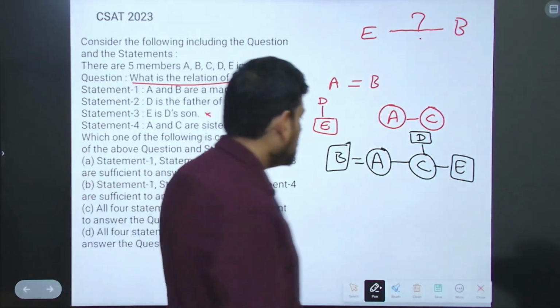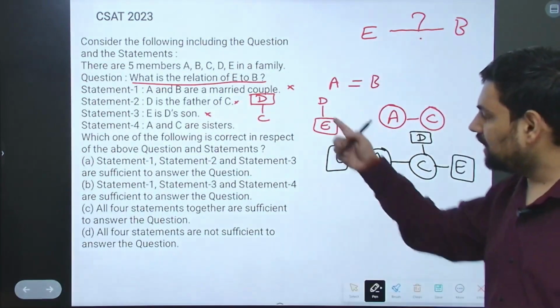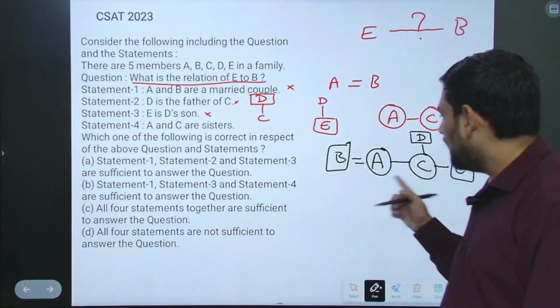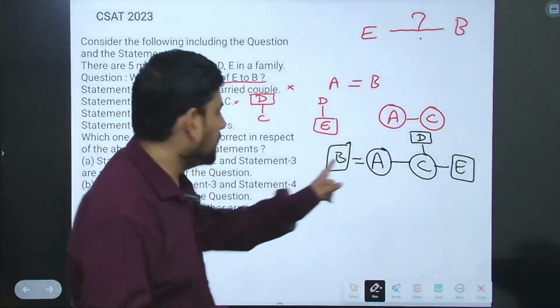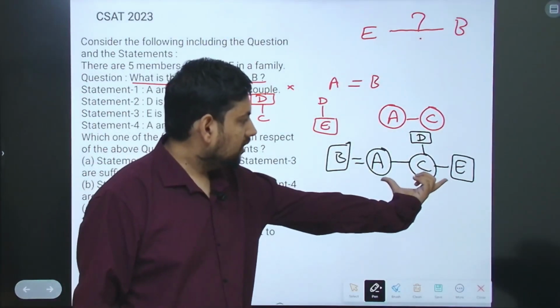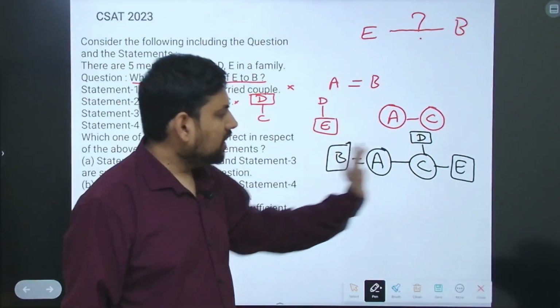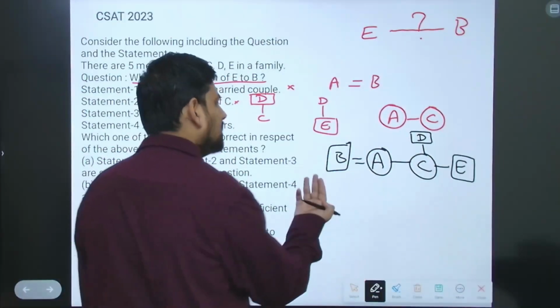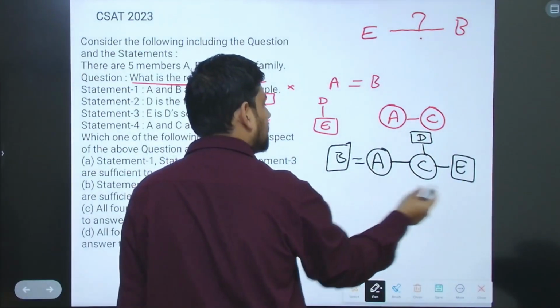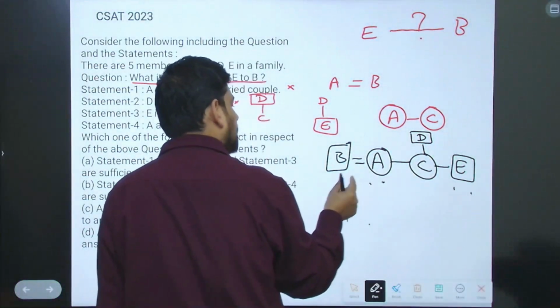Now, if I leave any of it, let's say I leave the last one, D and E, then you don't have E. If I don't connect A and C, then how will they be connected to B? Because A and B are only connected. How you will connect B to E? So you need all these relations. What is the relation? You can find out, does not matter. The relation is actually, if you see, this is E's sister's husband.